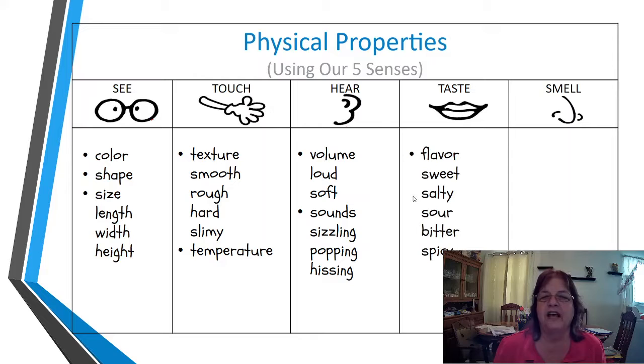Taste is the flavor of your foods. Is it sweet, salty, sour, bitter, spicy? Or if it doesn't taste that good at all. Smell. You smell odors. Is it fresh, sour, smoky, fragrant, or pungent? Pungent means real bad.